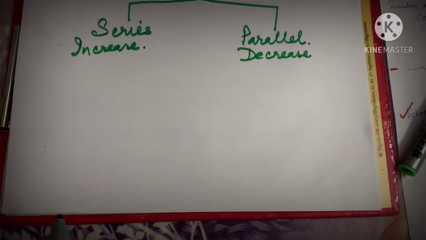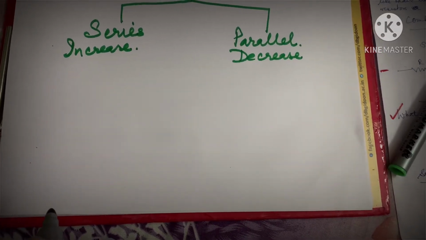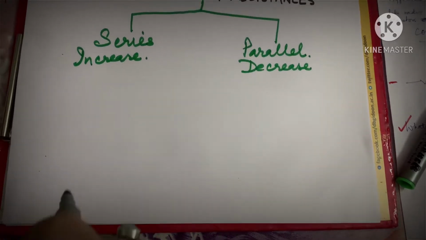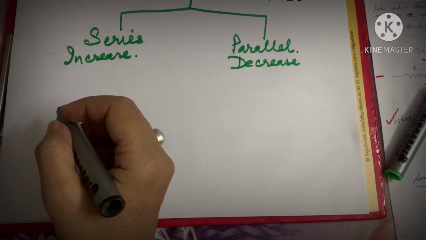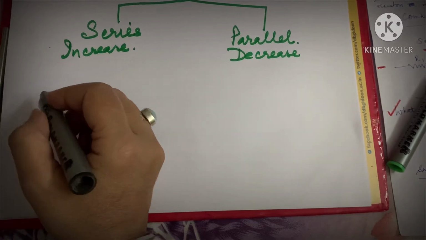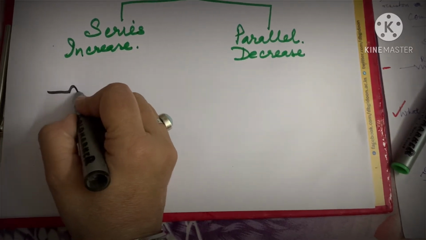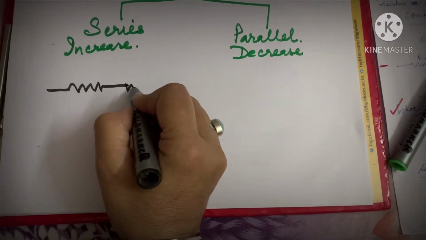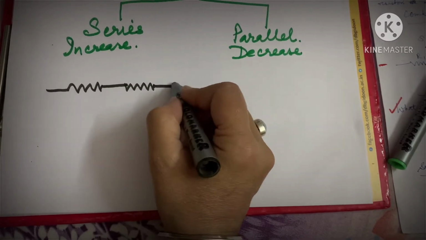When two or more resistances are connected end to end consecutively, then they are connected in series like this, and so on.